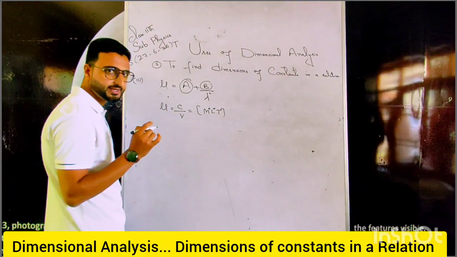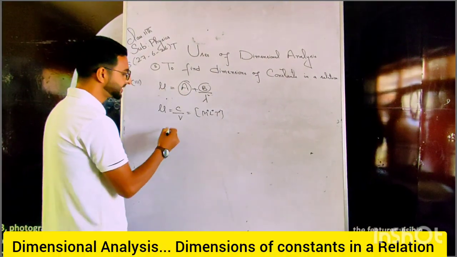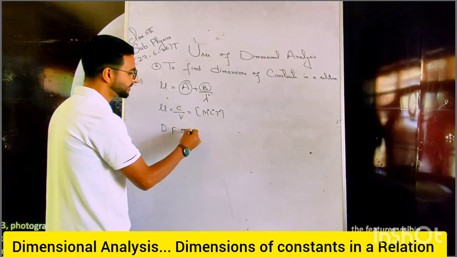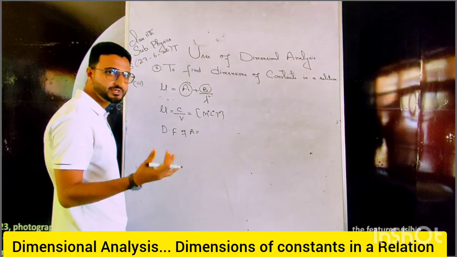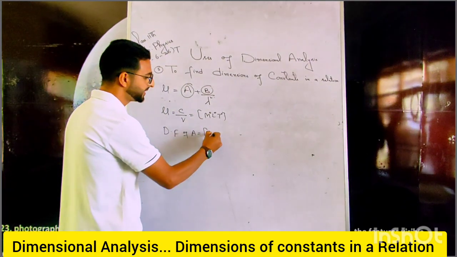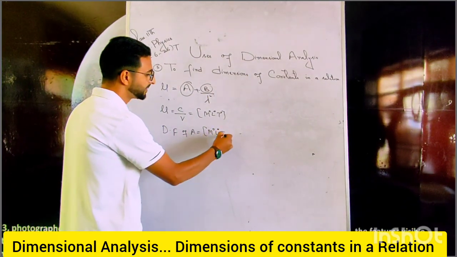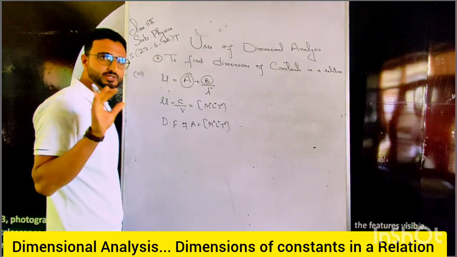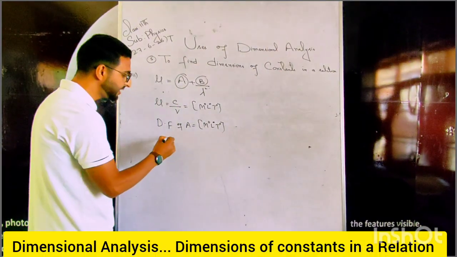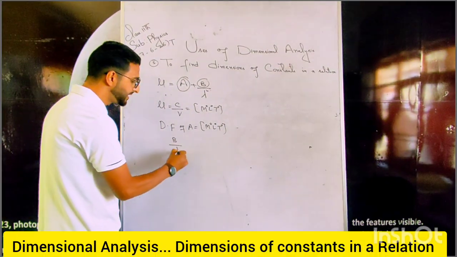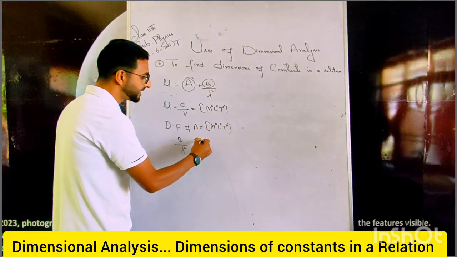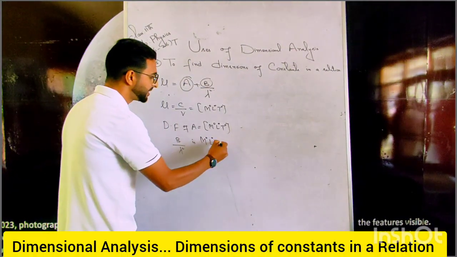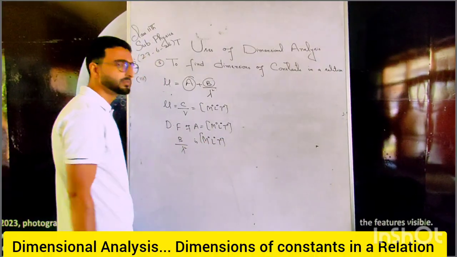So mu and A must have the same dimensional formula. ठीक है? तो dimensional formula of A must be the same as that of mu. So this will be simply m power 0, l power 0, t power 0. I mean ये जो A है constant है, it must be dimensionless. और एक और quantity है यहाँ पे b by lambda square, it also must be dimensionless. तो इसकी dimensional formula है m power 0, l power 0, t power 0.